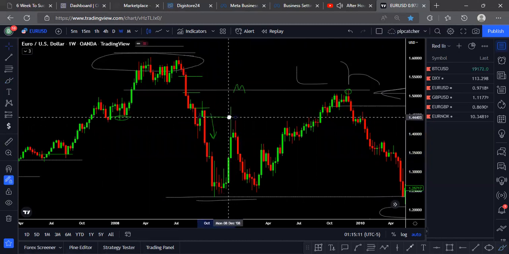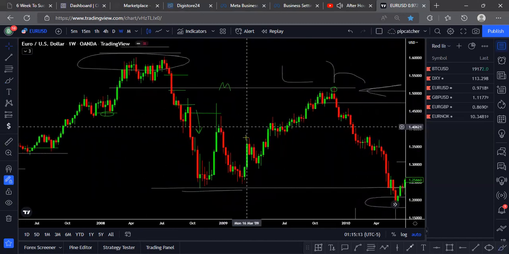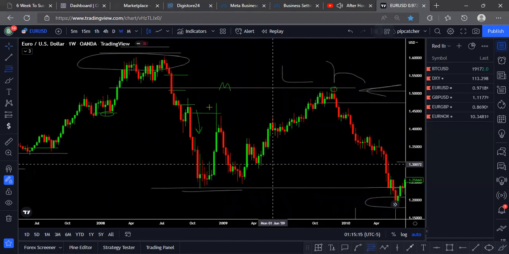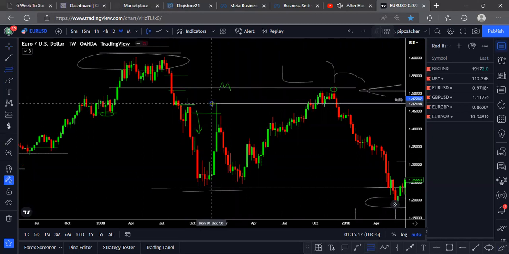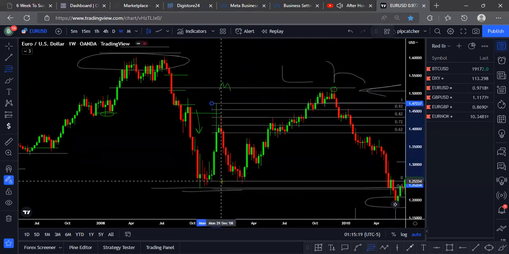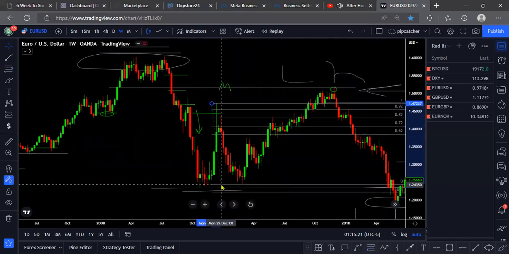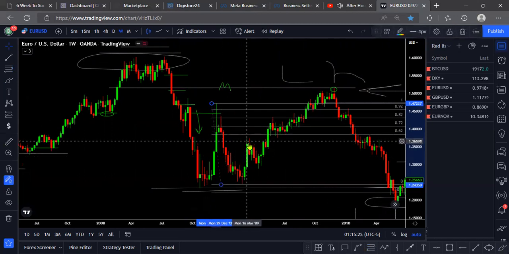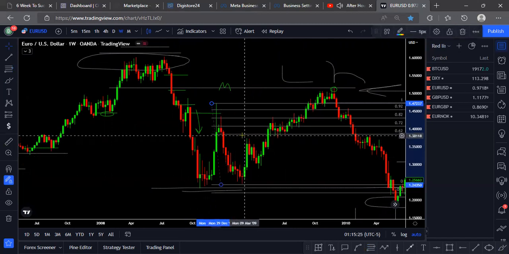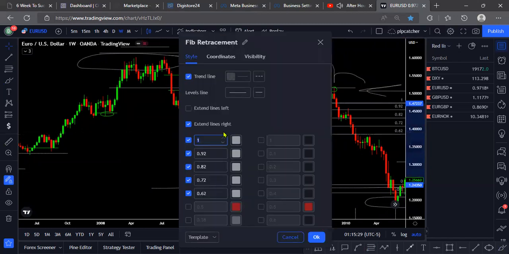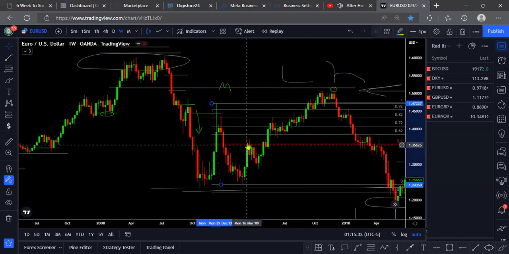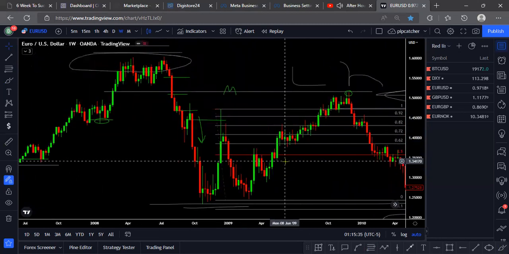That supply area. And then once again, if we took the fib from the high to the low, I'll put the line on for you. This would just be breaching equilibrium, right?